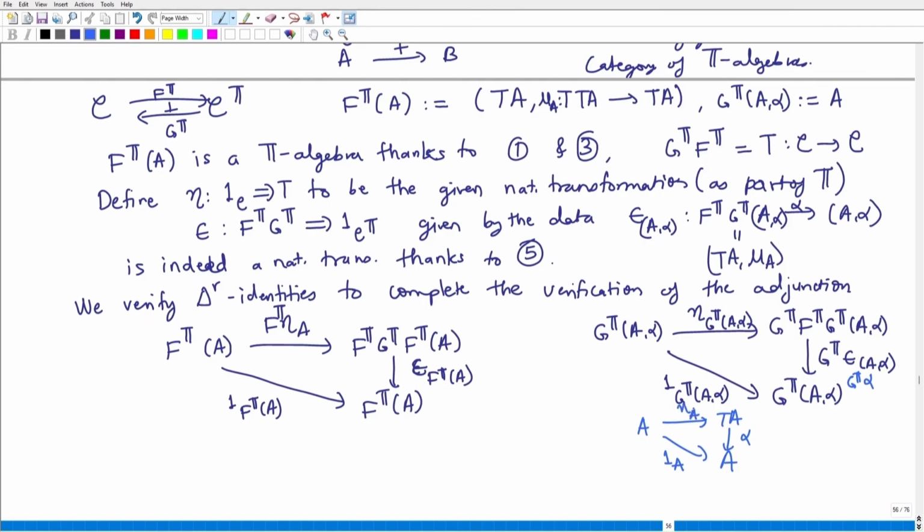So which diagram is this? This is 4. And what is this? TA comma mu A. Then this is TA comma mu A, and this is TTA, I suppose, TTA comma mu sub TA.